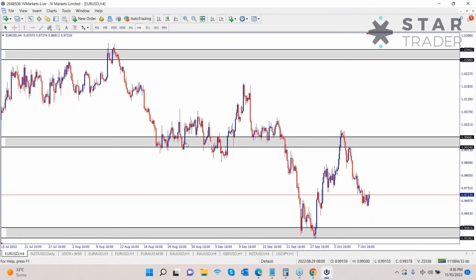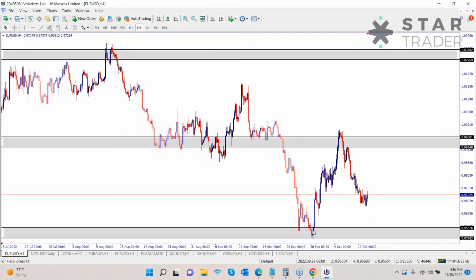Okay, so this is the support area from the market. As you can see, the market rejected many times from this area. So I marked the whole area as our support area. Now what happened? The market actually broke this support and went to another, lower support area. And this support became the resistance of the market. Why?